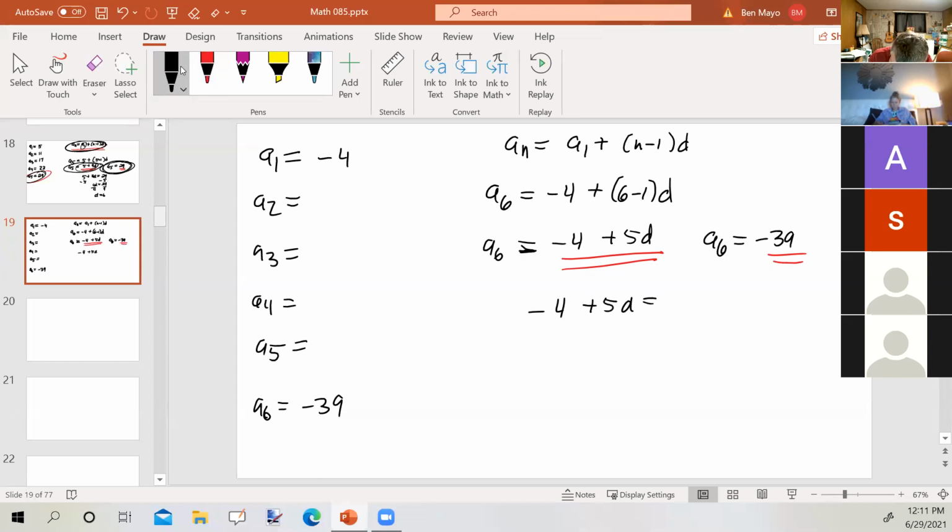So why do we put a sub 6 on the first one? Because we're trying to come up with a sub 6 in terms of d. Oh. Because our goal is to have a sub 6 equals this and a sub 6 equals that. So now this equals that.